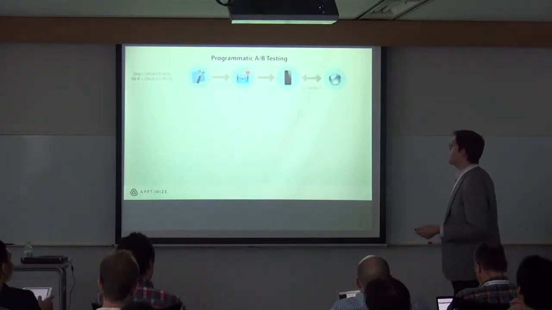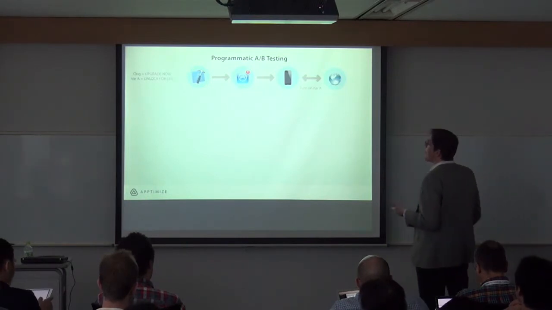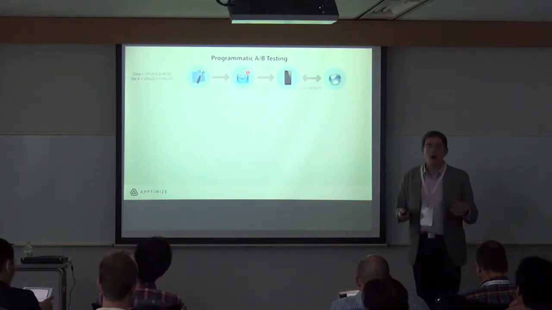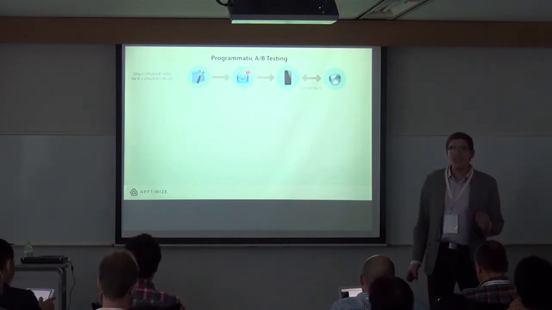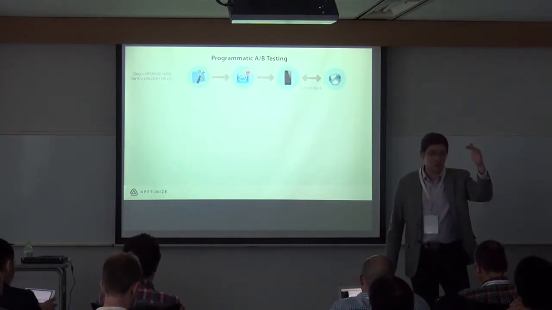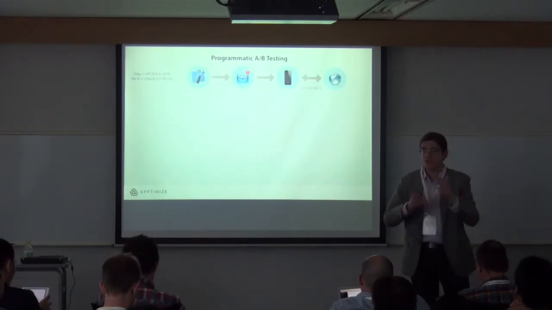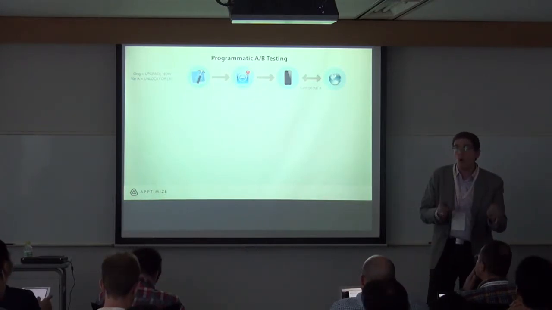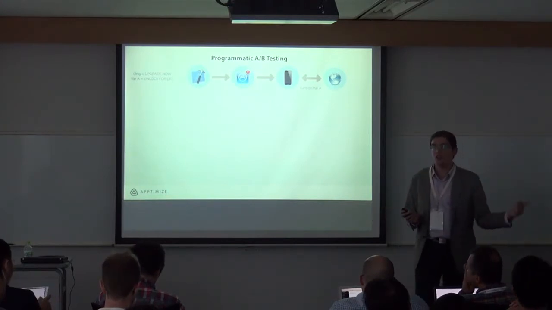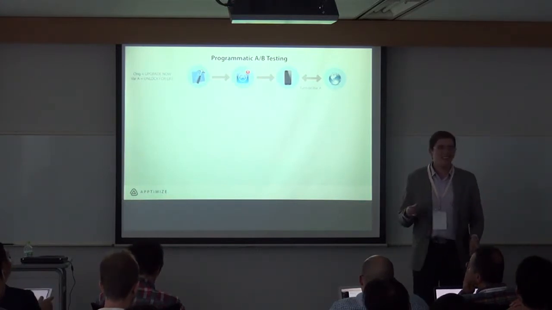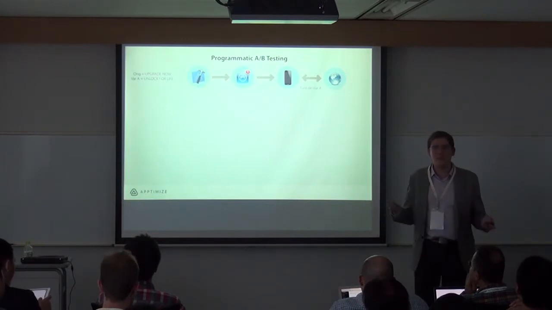The first architecture is what we call programmatic A/B testing. A programmatic A/B test, the way we define it, means creating 2 or multiple different options for any part of your app at the moment you build the app. So for example, I have this new feature, a QR scanner. Does it really work, or is it going to be distracting people?